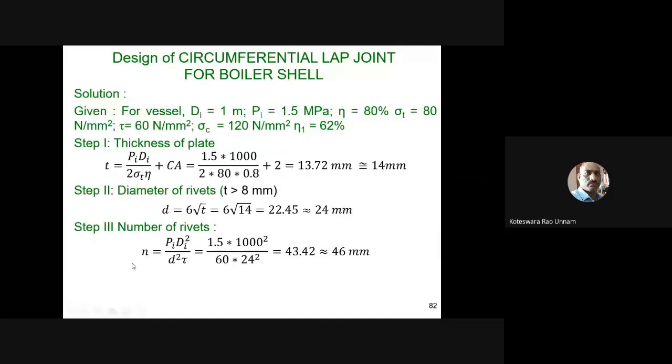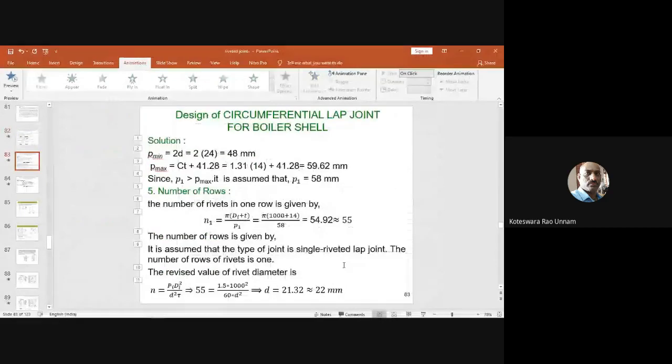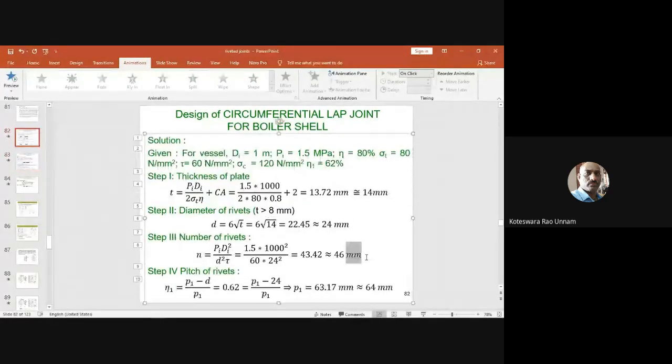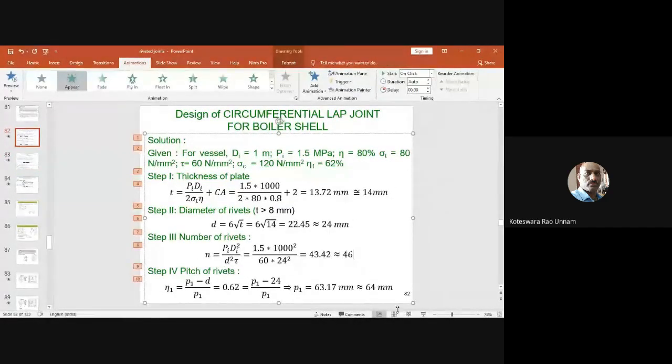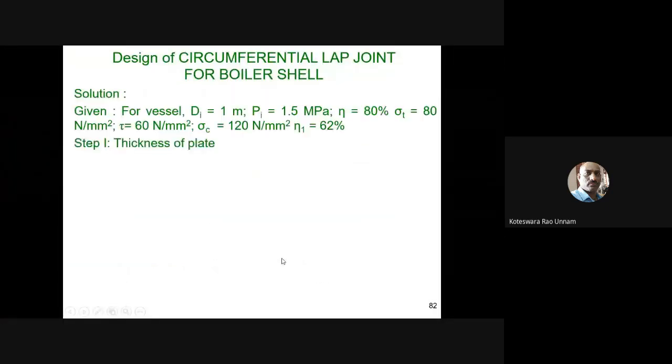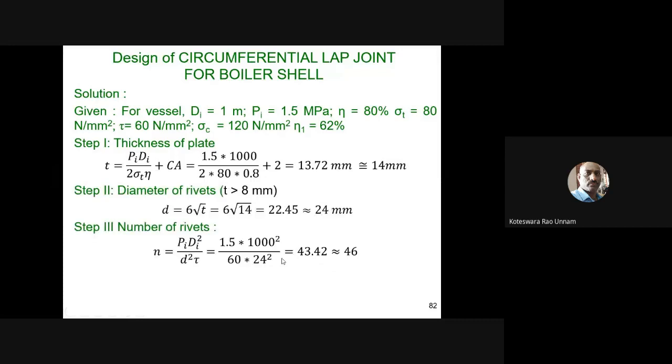So the total number of rivets will always be an even number. Therefore, this 43.42 I rounded up to 46. It's not mm. You don't have mm for the number of rivets. It is only a number, 46. The number of rivets is going to be 46 only.